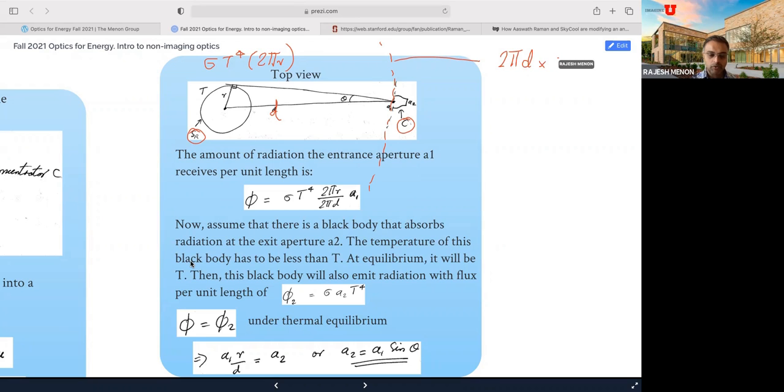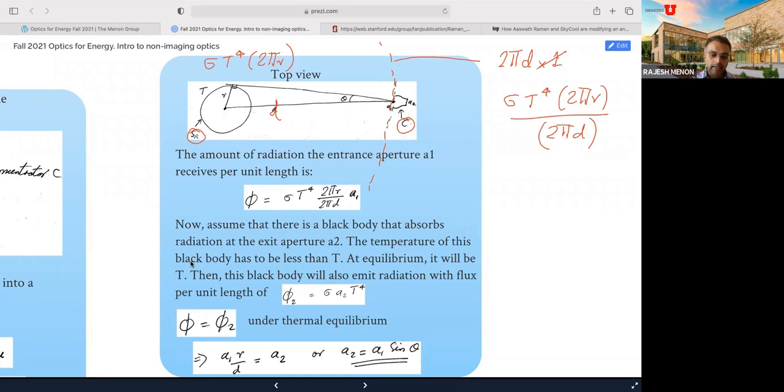I'm going to just use unit length for the sake of argument because we're going to just think about unit lengths for now. So I can drop that. So I get 2 pi d as its area. Now, how much energy is spread over that area is given by the total energy, sigma T raised to 4 times 2 pi r divided by the total surface area of the outside cylinder, 2 pi d.